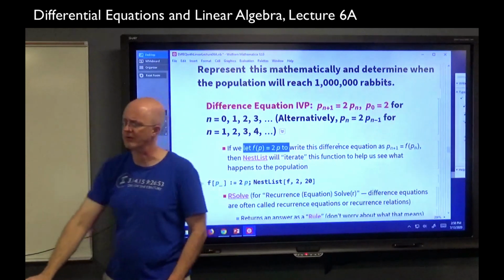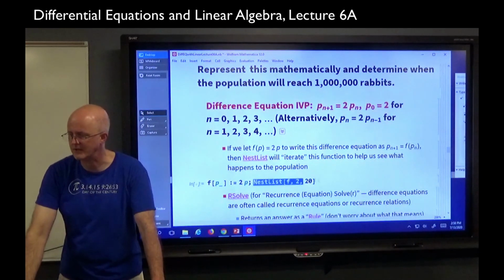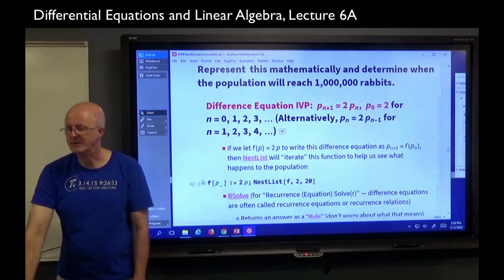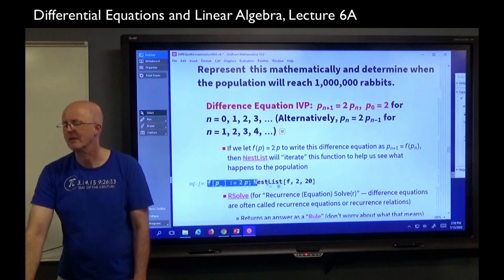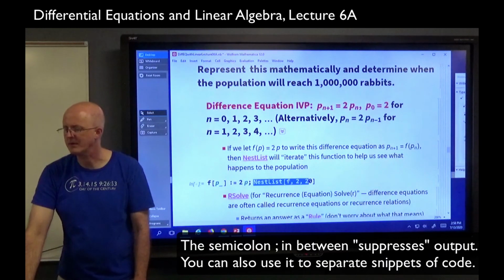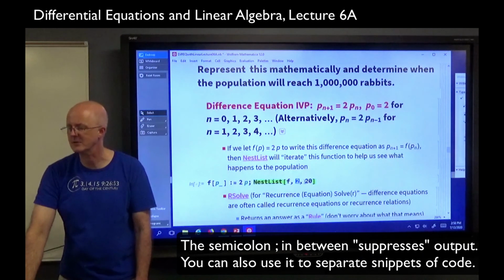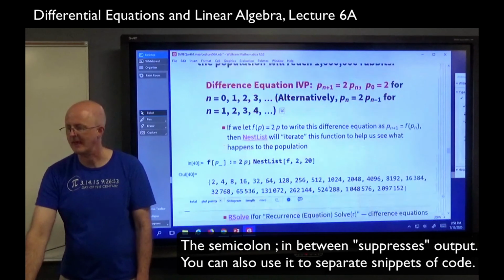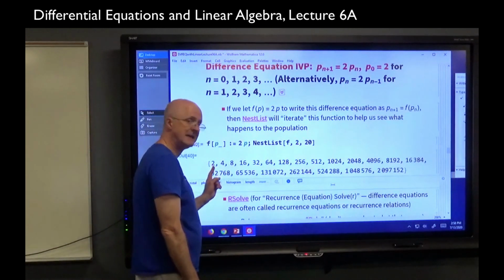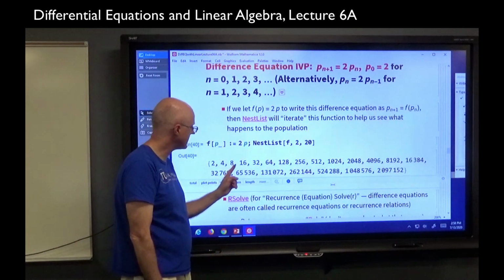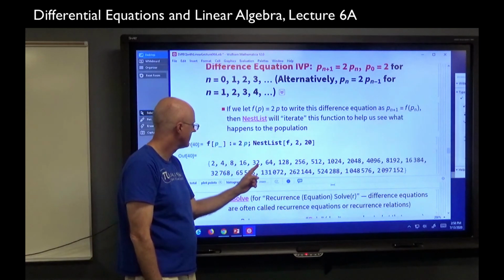I'm using it over and over, and NestList is the standard way to do that in Mathematica. Here I'm defining the function. Here I'm using NestList. I put the function name first, then the starting value, that's 2, the number of bunnies at the start. Then I want to do 20 iterations. And here are the populations. So P0 is 2, P1 is 4, P2 is 8, P3 is 16, P4 is 32, etc.